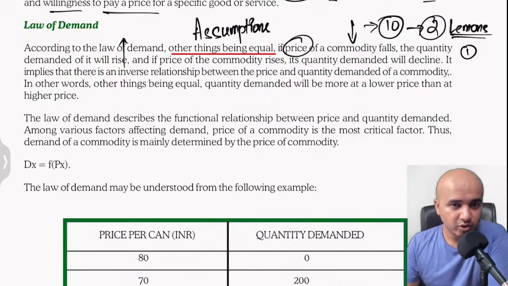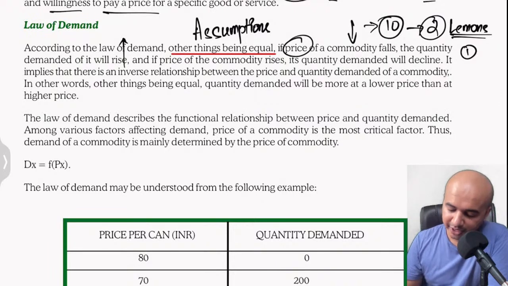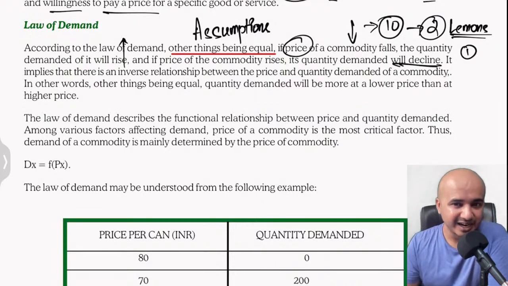Why so? Because the price of the commodity has risen, so the quantity demanded has obviously declined. Last week I could buy 2 lemons for 10 rupees, but this week I am unable to, so the demand has come down for that particular commodity.